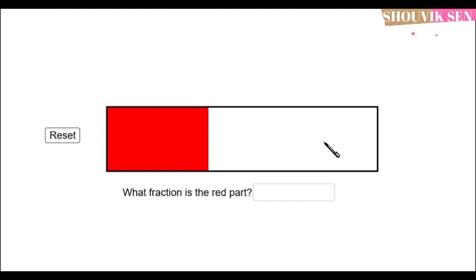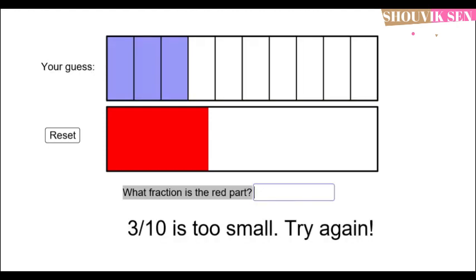Can you guess this one? We are doing this exercise just for you to understand and guess what fractions it would be. How much part will be the red? If you divide it into half, then it is less than half, right? So since it is less than half, can I say it is 3 parts out of 10 parts? No, that was too small. My guess was that the red portion was too small.